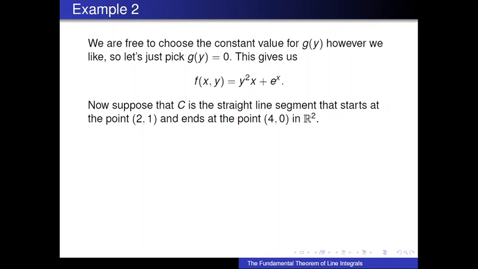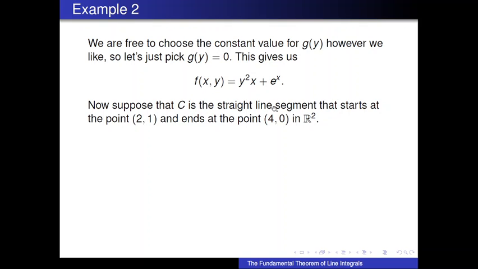And we can do line integrals of big F now over any curve that we like by just evaluating this function. So let's suppose that we're given the curve C, which is the straight line segment that starts at the point (2, 1) and ends at the point (4, 0). Now I know you might be scared that you have to parameterize this line segment, right?